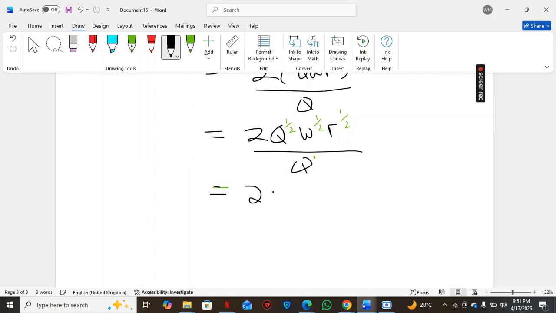So it's like this 2Q to the power half minus 1, W to the power half and R to the power half. Okay. Half minus 1, that is negative half. So 2Q to the negative half, W and R to the power half.